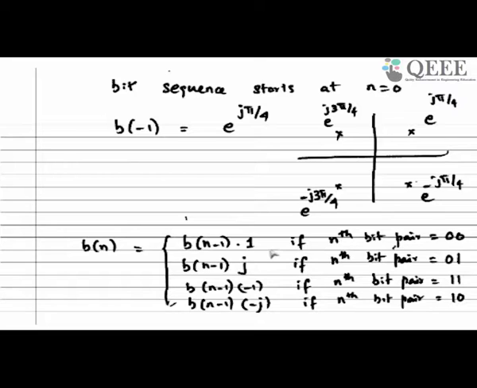They will have a phase difference of 90 degrees if the bit pair is 0 1, and a phase difference of 180 degrees if the bit pair is 1 1. So the information is now encoded in the difference between the phases of b of n and b of n minus 1. So this is called differential encoding.